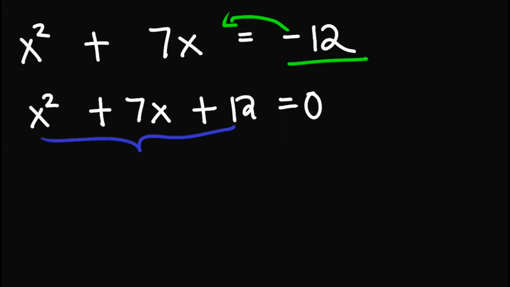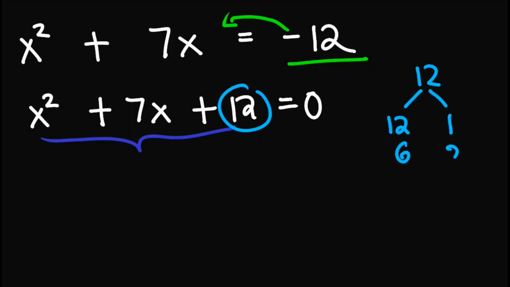So how do we factor this one? We apply our knowledge on how to factor general quadratic trinomials. So to do that, we first focus on this last term. Observe that 12 can be factored into 12 times 1, 6 times 2, 4 times 3. To determine the right combination, we observe the middle term.